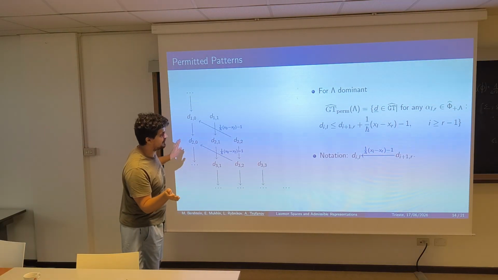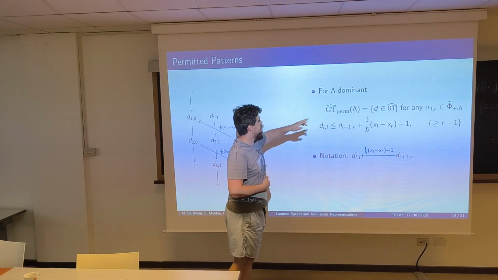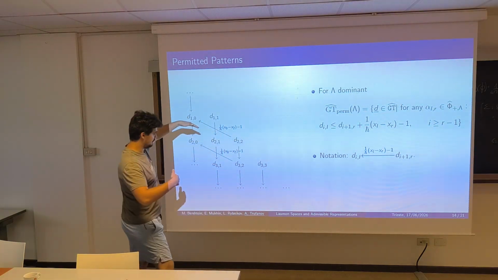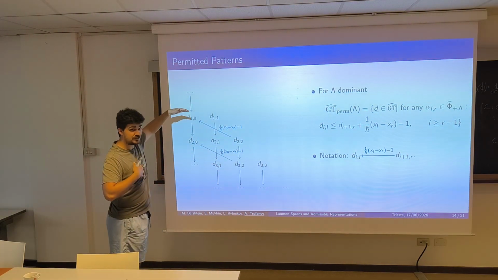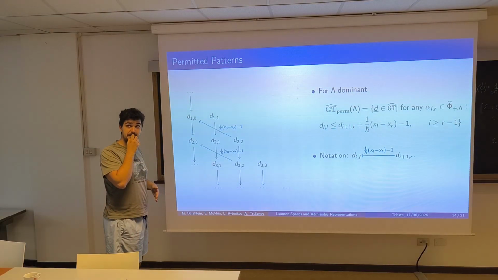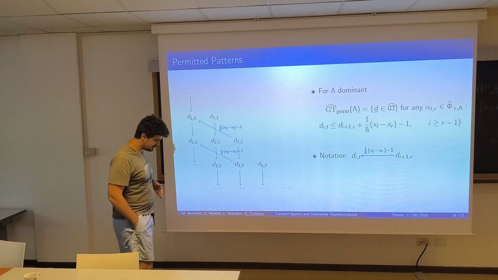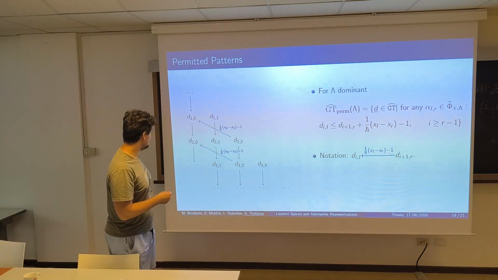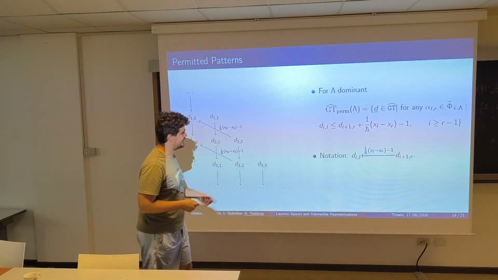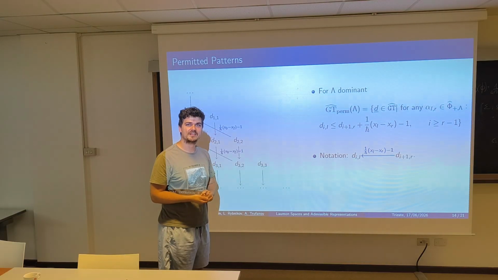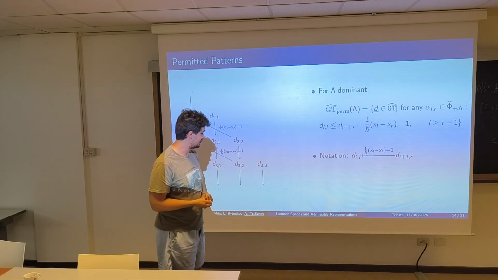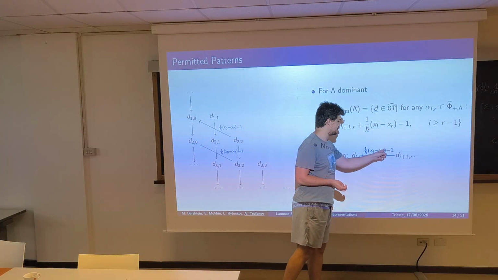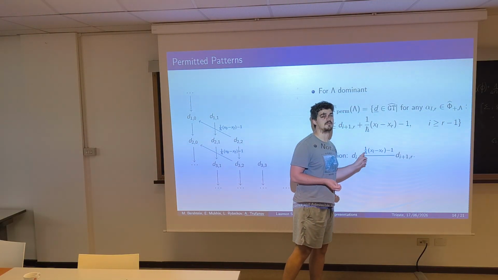So when we consider GT patterns and a dominant lambda, we have some additional inequalities like that, and we ask them to be satisfied. Also, here you can see why I like dominant weights at this moment: I want this inequality to be shifted by a negative number.